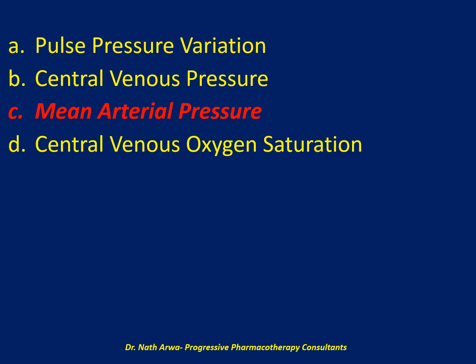In addition, the use of a CVP alone to guide fluid resuscitation can no longer be justified because the ability to predict a response to a fluid challenge when the CVP is within a relatively normal range is limited. That normal range is, I think, 8 to 12 millimeters of mercury.